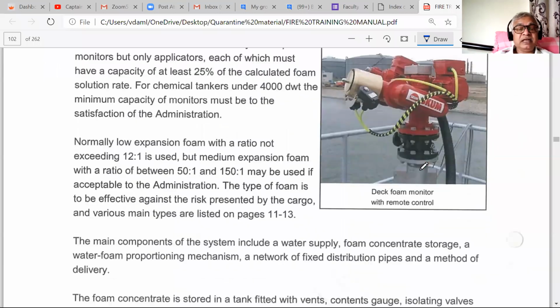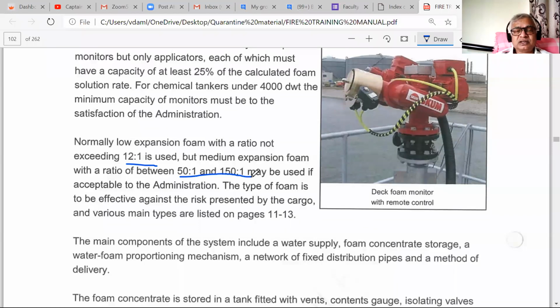Now you are going to see medium expansion foam, anything like, over this, more closer to 50, 150. If it is acceptable, now 50 will be normally acceptable. 100, depending on foam. The foam has become a complex issue because it is not just simple foam.